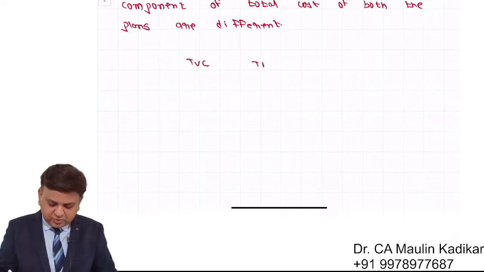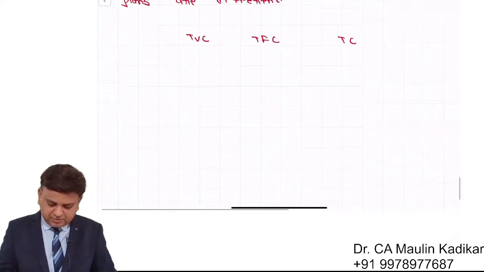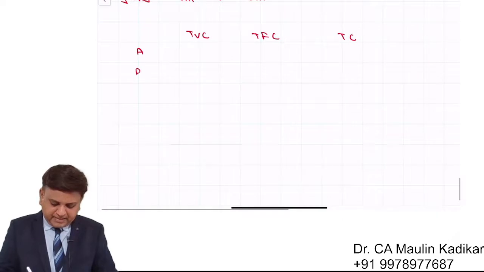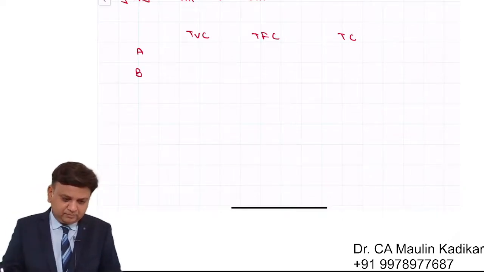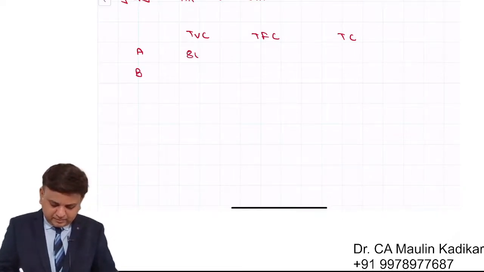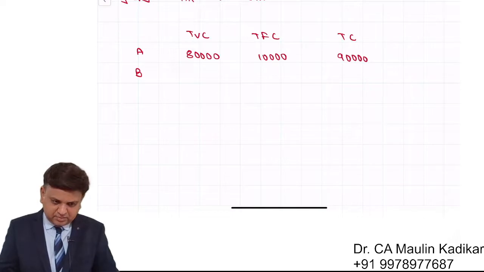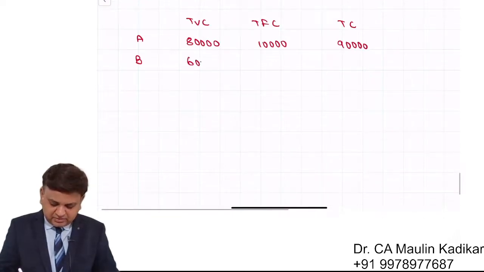Total variable cost, total fixed cost, total cost. Plan A, plan B: 80,000, 10,000, 90,000; 60,000, 30,000, and 90,000.